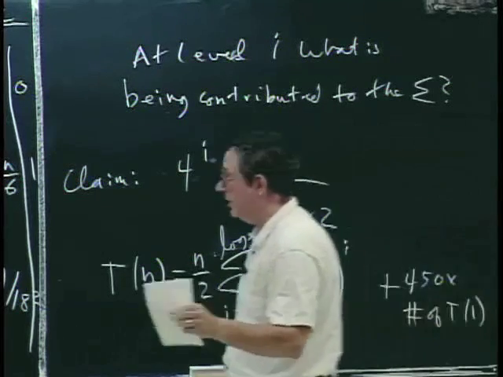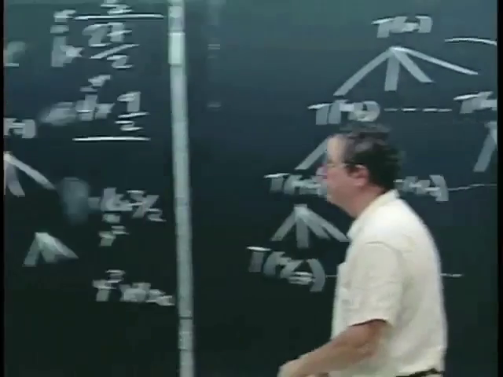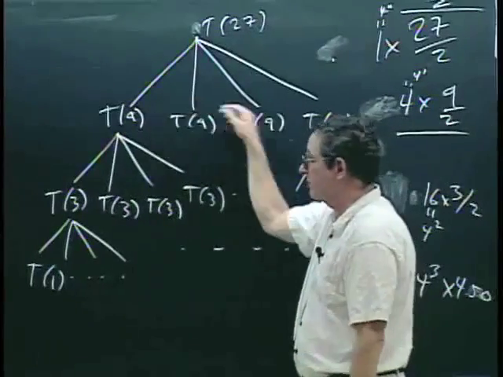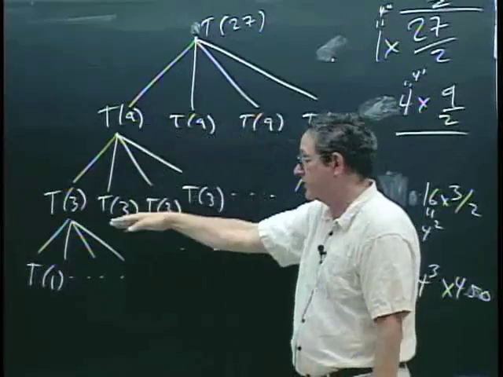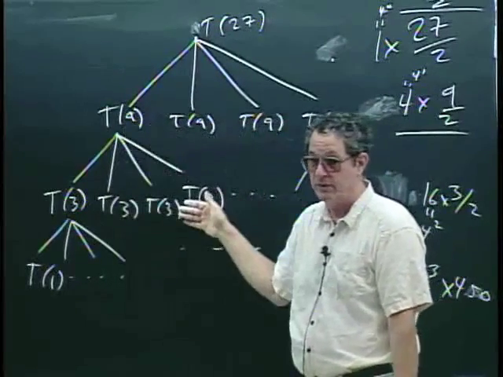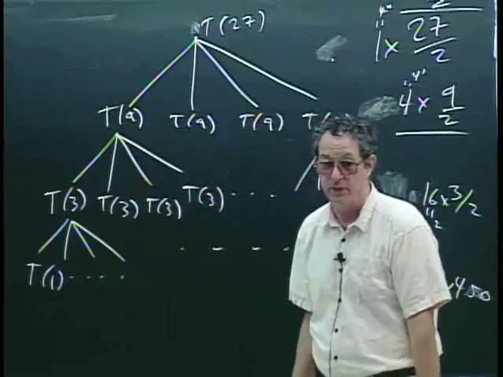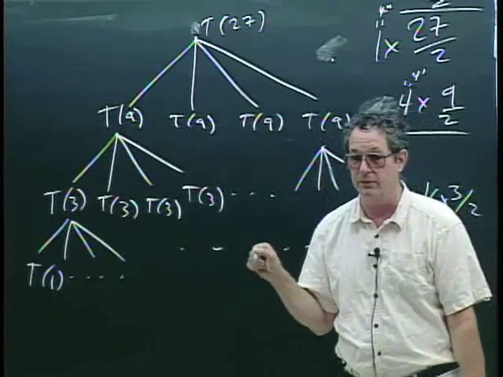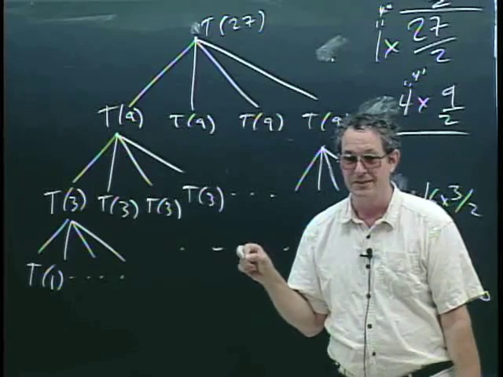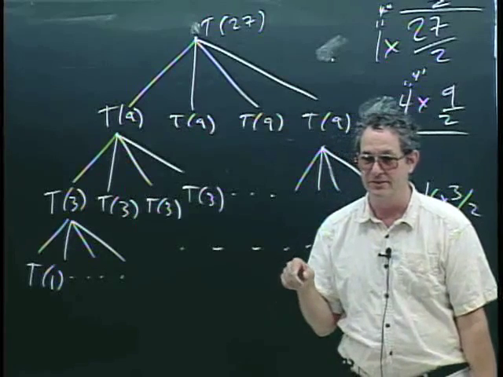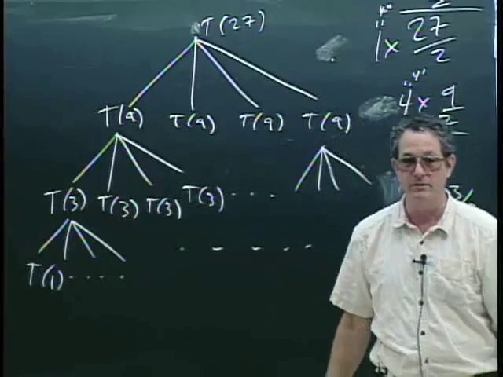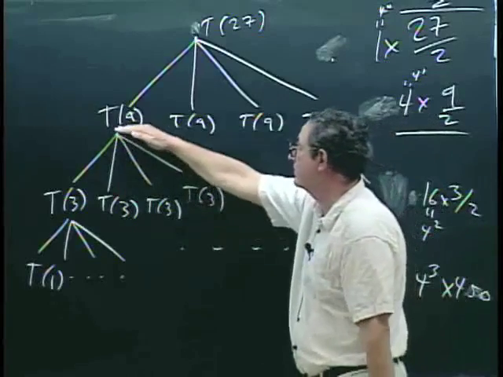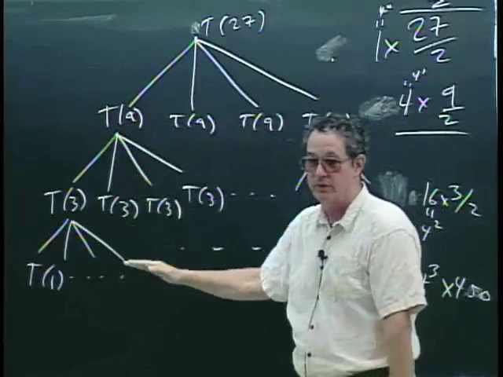Okay, now we have the multiplicity of 4, because at each level we're branching 4 ways, and we branch each one of those branches 4 ways, and each one branches those 4 ways. So your suggestion was 4 times log base 3 of n. Okay. 4 to the power of log, because it's 4 times 4 times 4 times 4.